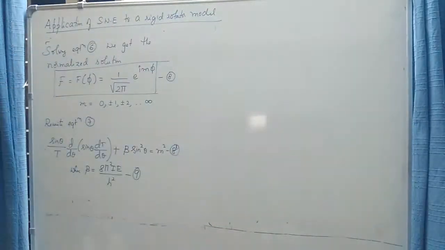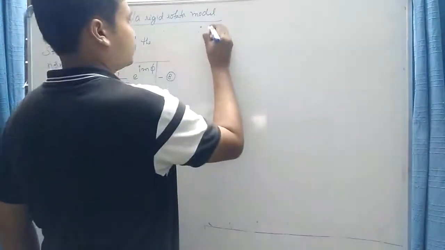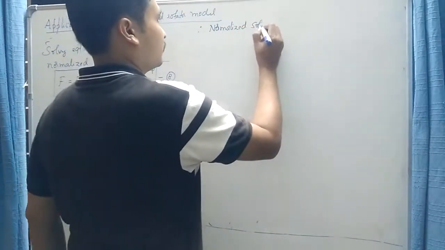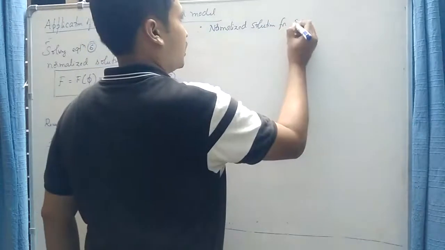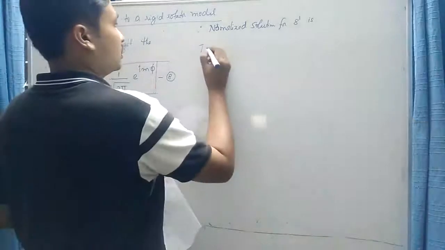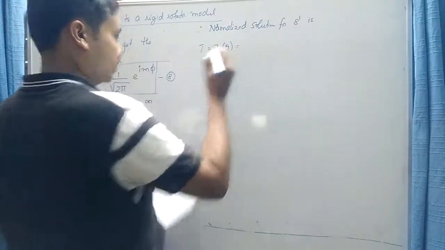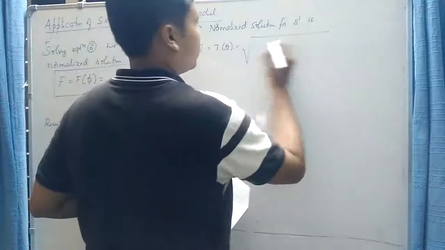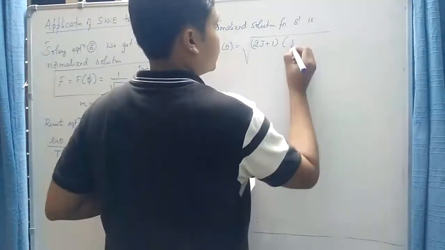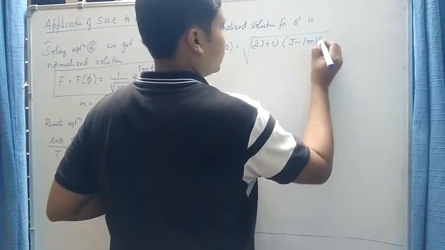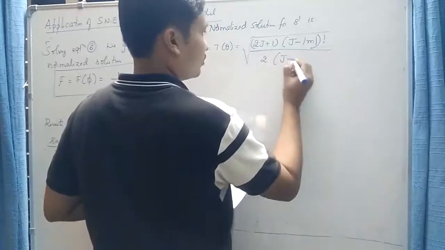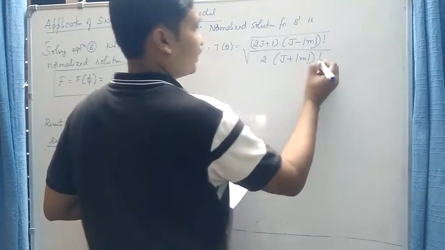The normalized solution for 8 dash is T of theta is equal to square root of 2 into j plus 1 into j minus mod m whole factorial divided by 2 into j plus mod m whole factorial.